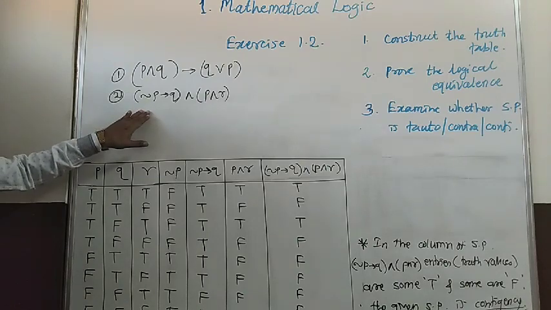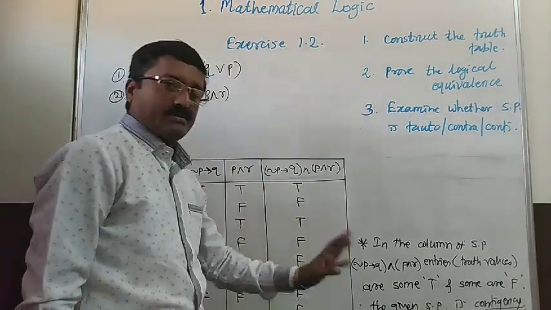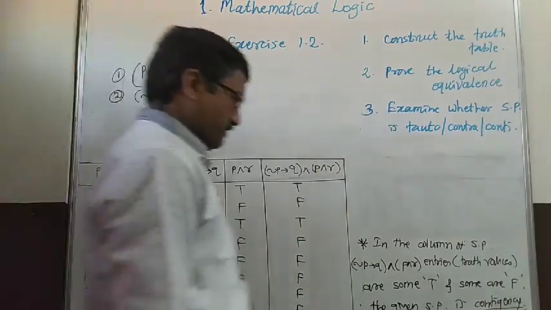So this statement pattern is contingency because we have some T's and some F's. This is the second type of example.